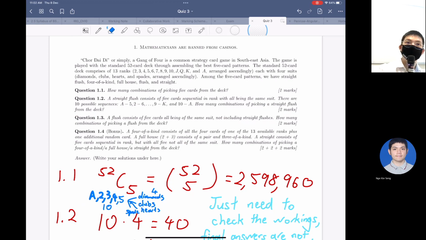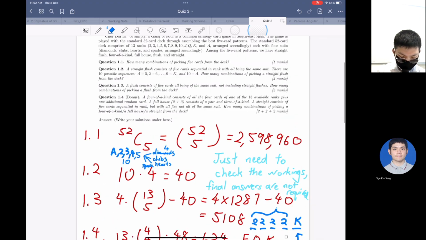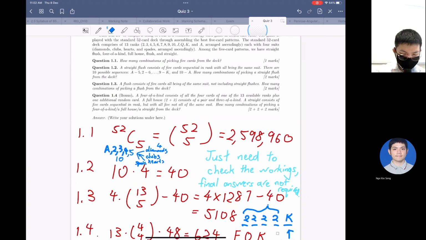If you happen to use a different way to count it and I mark it wrong, you should check whether you get the same number. 1.3, flush is all the same suit, but not including straight flush.